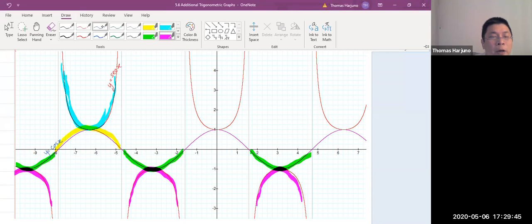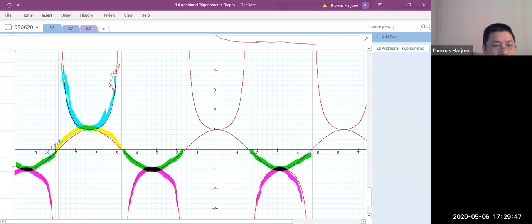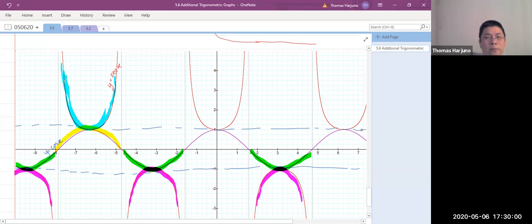If you pay further attention, the range of cosine is from -1 to 1. Now the range of secant, therefore, is from 1 to infinity and -infinity to -1.